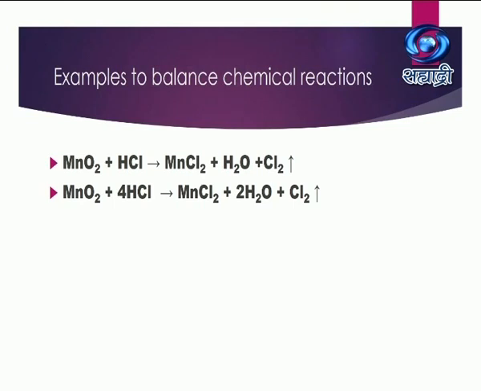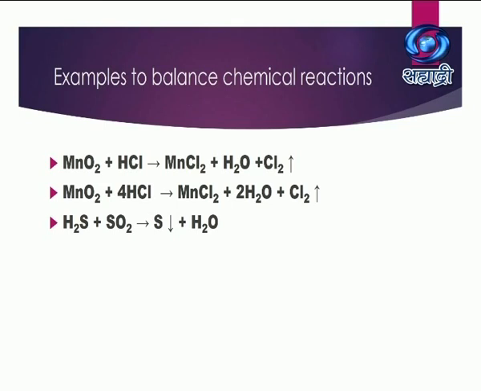Let's move to the next example. H2S plus SO2 gives S plus H2O. Very simple reaction you can observe over here, but again it is not balanced. Now what should be done to balance this particular reaction?